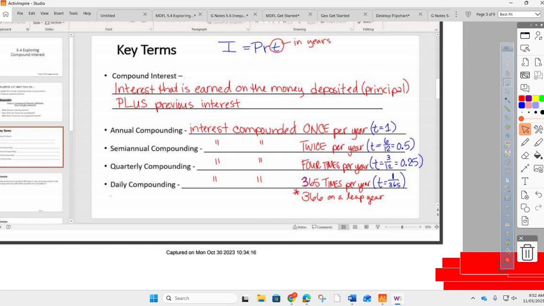On leap years, you pay 1 day more, or you earn 1 day more. I want to caution you, we're not going to round 1/365. Anytime we use that daily compounding fraction of 1/365, we're just going to enter it in the calculator like that. We're not going to round it.